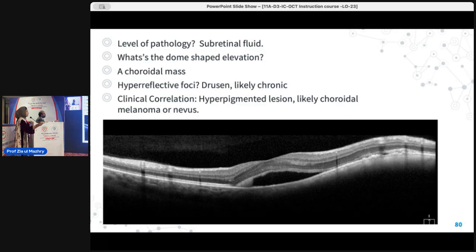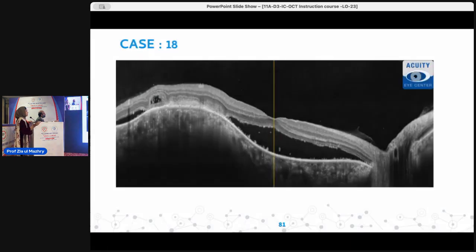That these are drusen. This is another case with similar dome shape elevation. This patient had tuberculosis. इस पेशेंट को टीबी था और she had progressively decreasing vision and a bright lesion was seen on the fundus examination infratemporally. जब हमने उसका OCT किया, then ये हमने देखा कि पेशेंट को टीबी था, उसके अलावा लीजन जो था वो सब RPE लेवल पे पड़ा हुआ था.